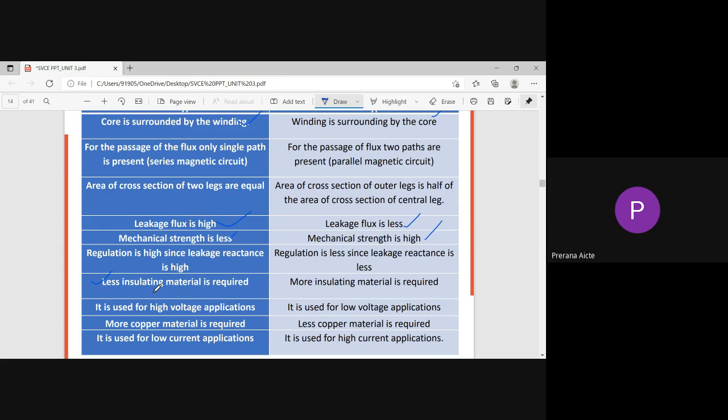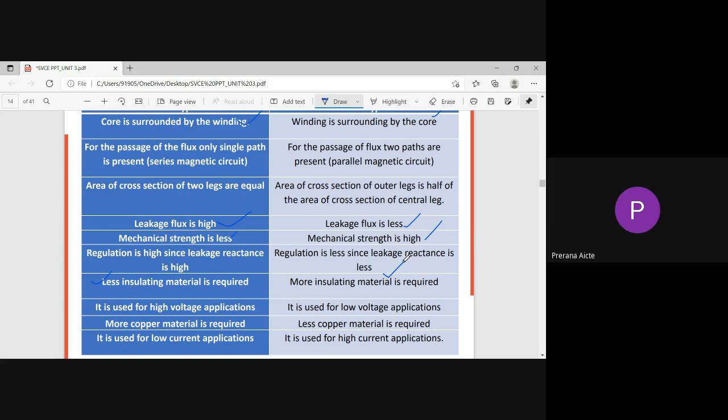But in the shell type transformer, we place LV winding and HV winding alternately. So in the core type transformer nearer to the core we place the LV winding, but in the shell type transformer nearer to the core we can place either LV or HV. For that reason a greater amount of insulation is required in the shell type transformer.